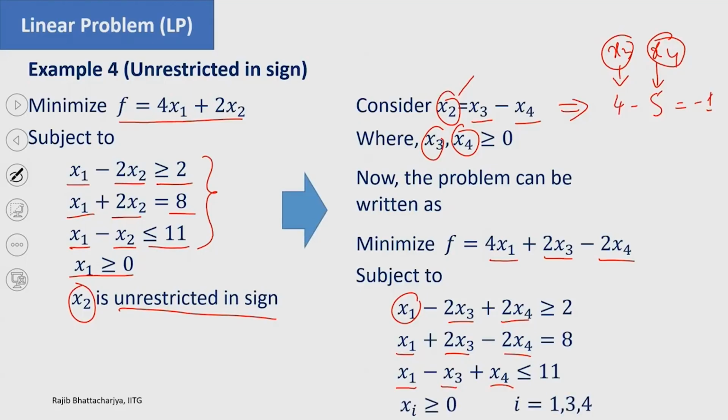Okay. And here now xi ≥ 0, i = 1, 3, 4. So, 2 is not there. Now we have variable x1, variable x3 and variable x4.